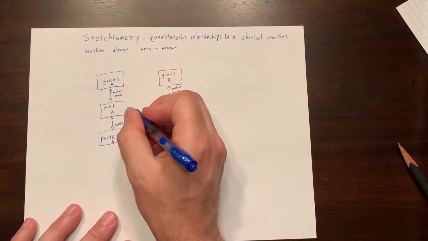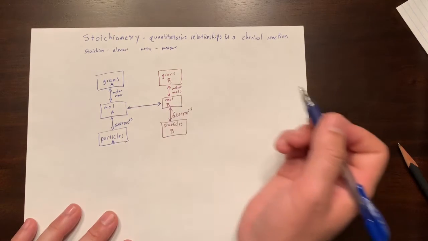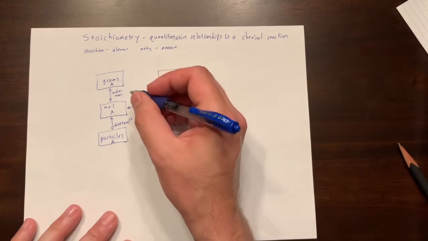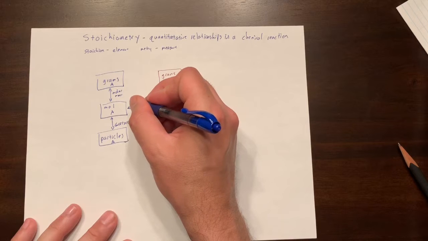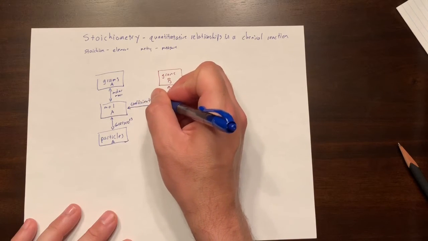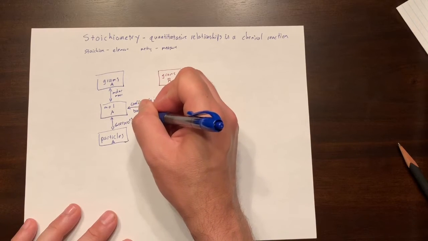We can go from moles of substance A to moles of substance B. And to do that, we use the coefficients in a balanced equation.